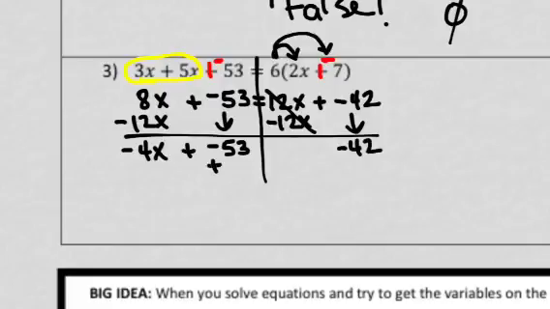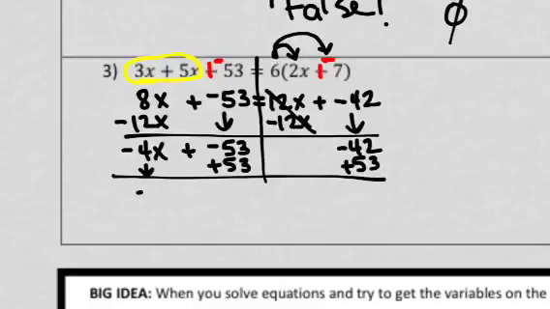Now I add 53 to both sides to get rid of the negative 53. So the negative 4x drops down. These cancel. And over here, I'm left with positive 11.